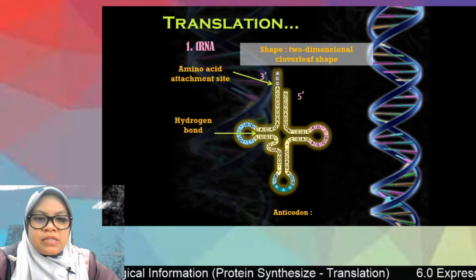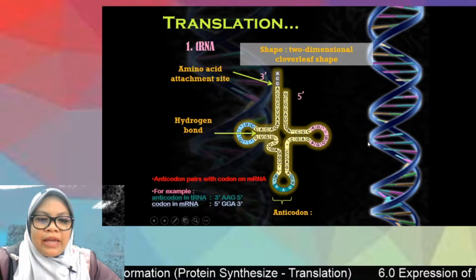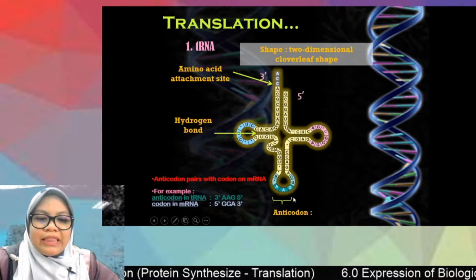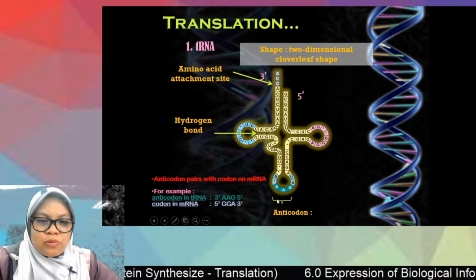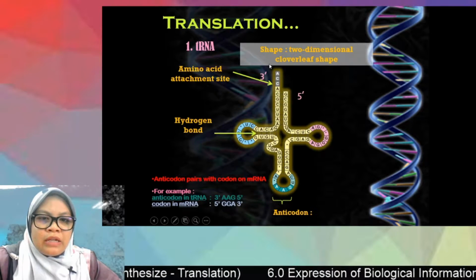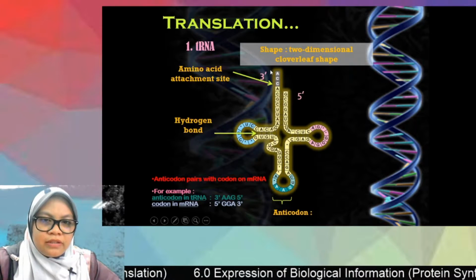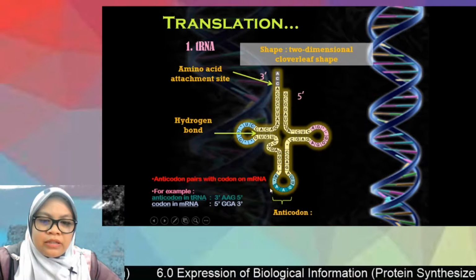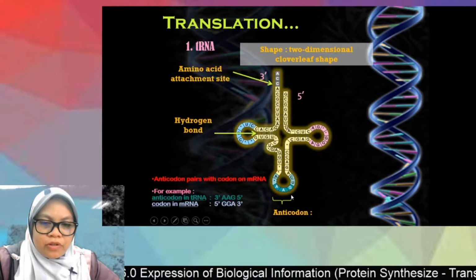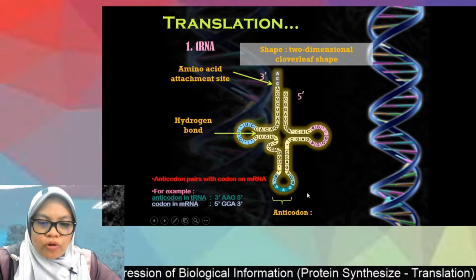Between the bases are hydrogen bonds, and this is called the anticodon region. So the two important regions to be known are the binding site for amino acid, the 3' end, and here at the lower part, the anticodon region.